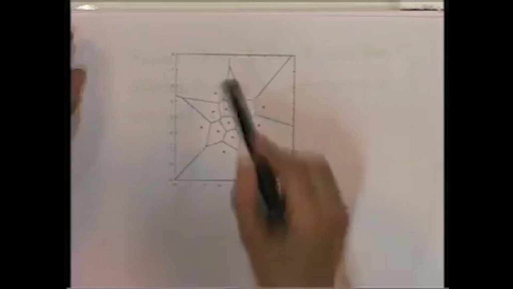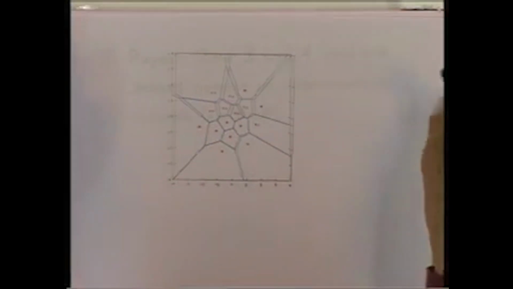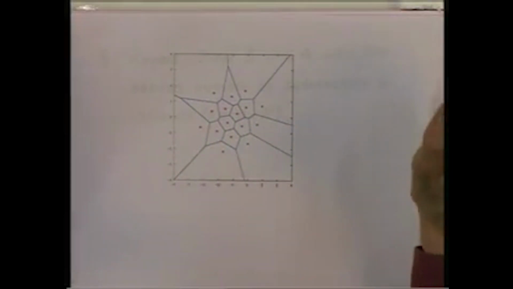So, in summary, vector quantization is a multi-dimensional approach to quantization.